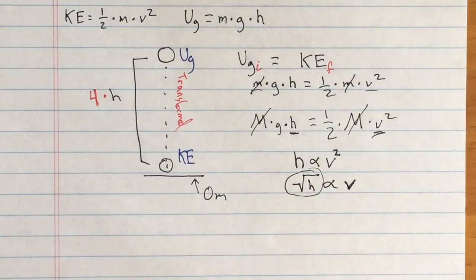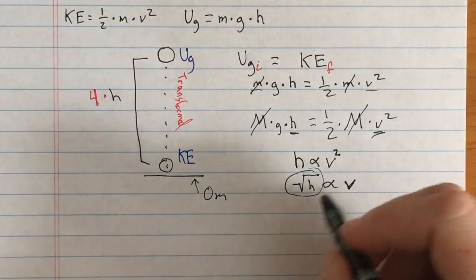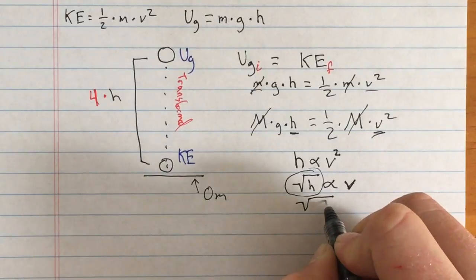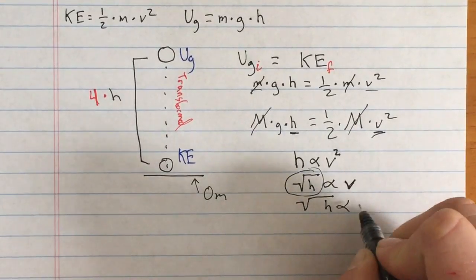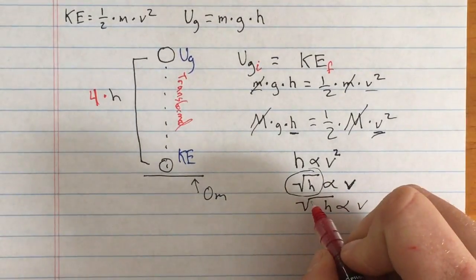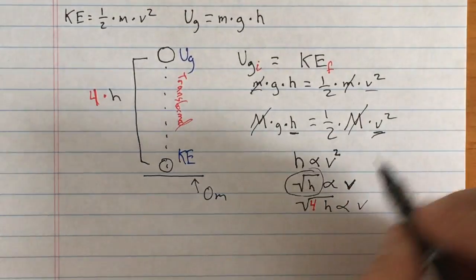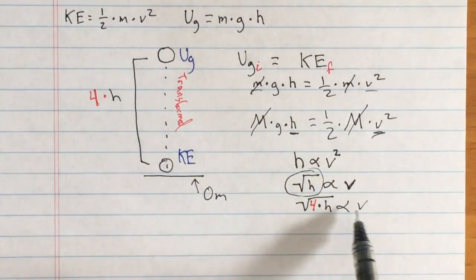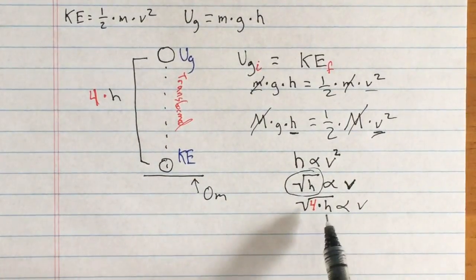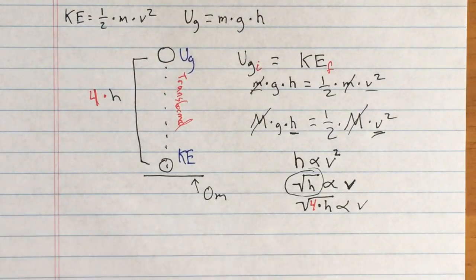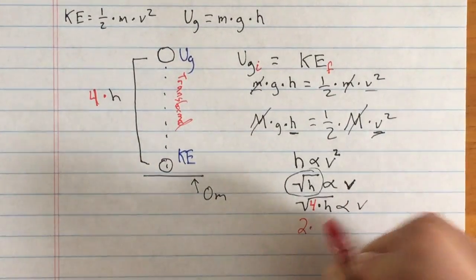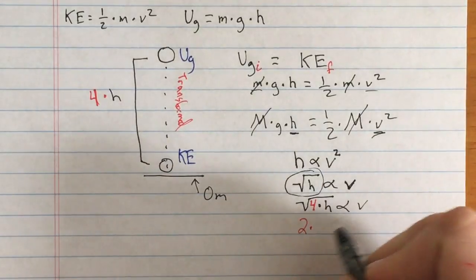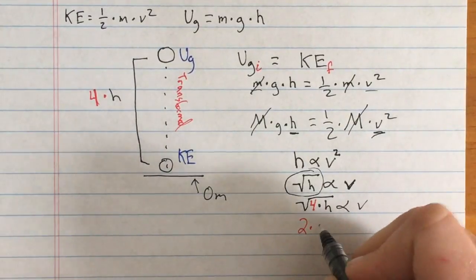But if we quadruple it, and have that 4 in there, what happens to the velocity? If we quadruple the height, we get 2 times. I'm taking that 2 out of there because you can solve for the square root of 4.